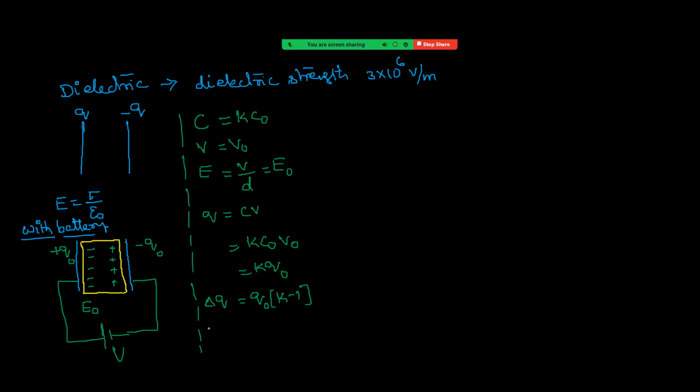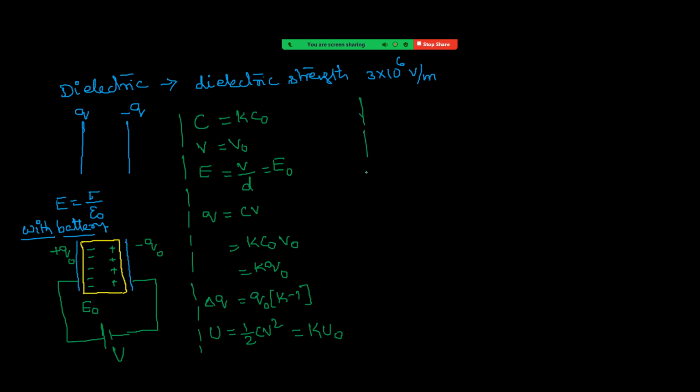Next, let us calculate potential energy. Potential energy I can write as half C V square. Now the V value remains the same, but the C value has become K times. That means potential energy now becomes K times. Okay.